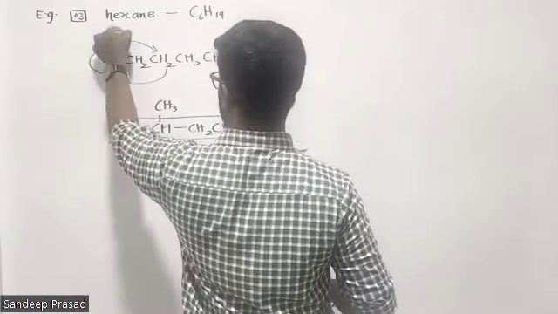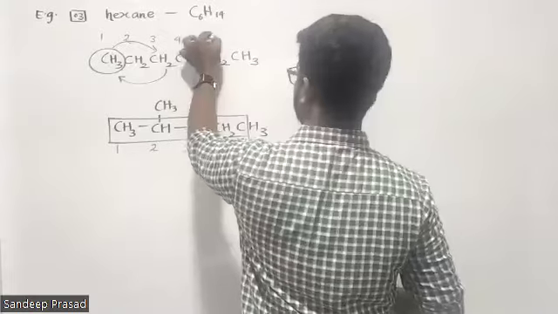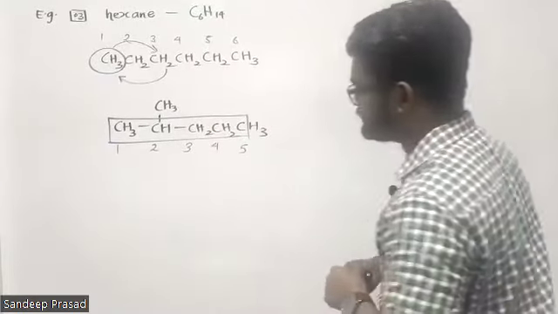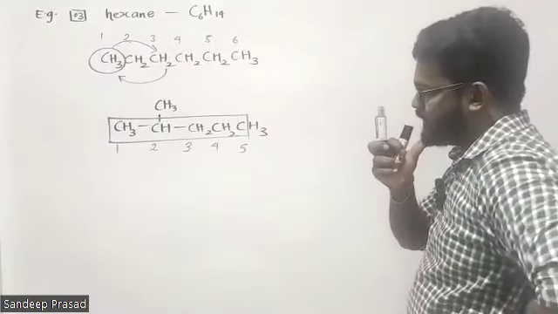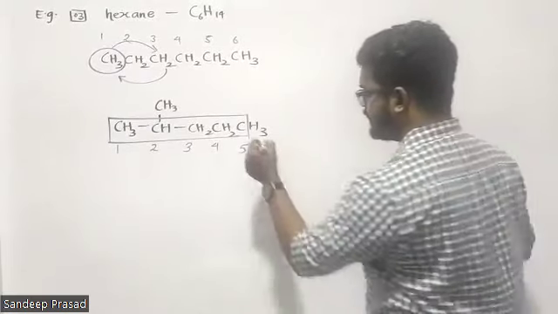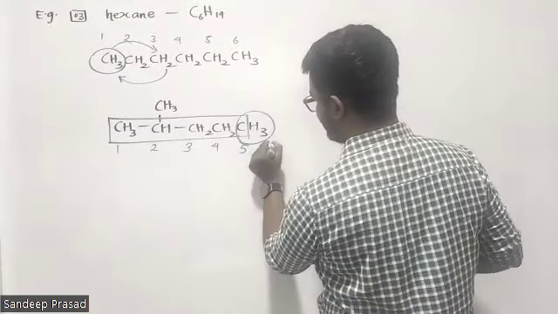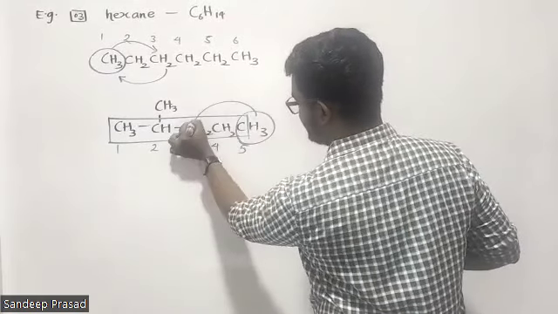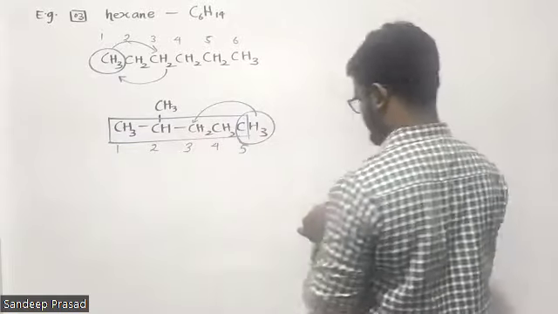Here we have 6: 1, 2, 3, 4, 5, 6. Let me try to reduce this one into 4. Look at this one. Let me choose this CH3 group and I'll exchange that one with this carbon, and hydrogen comes here.